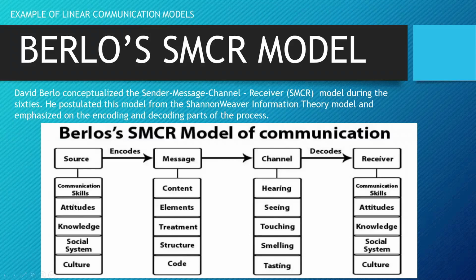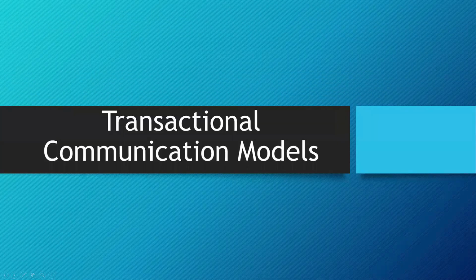Next, of course, we have the transactional communication model. When we say transactional communication model, it refers to the continuous exchange of information. The sender and the receiver are involved in this process and they are taking their turn to communicate the message, and we're going to call them the communicators.